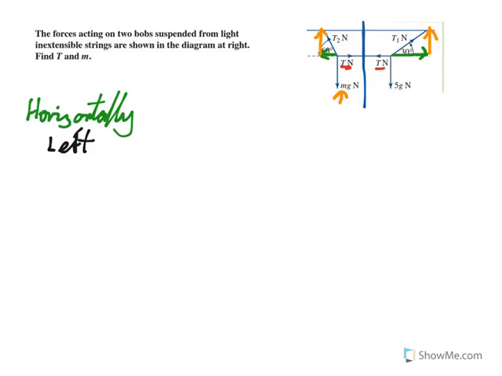Well, we know that horizontally T Newton, which is heading to the left, if it's in equilibrium, then the bit that's pointing to the right there, we need the bit that's pointing to the left, so that's that little green bit, and that green bit is T2 cos 60.